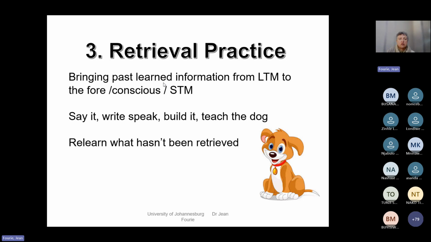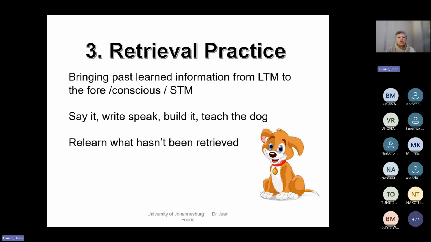And we then have the time when we're retrieving to think about what is it that I don't know, what things do I have incomplete information about, and we are relearning what you couldn't recall.